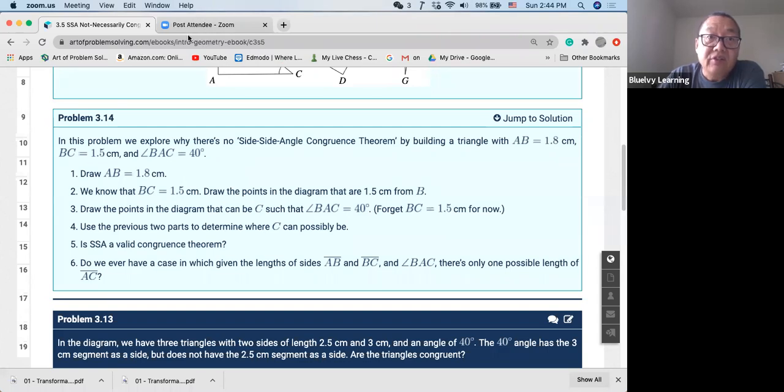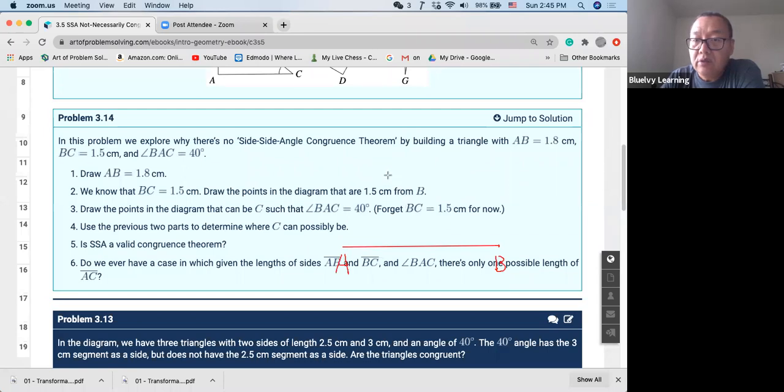Okay, so now let me explain why this is the case. Remember, if I give you AB equals 1.8, then you use B as the center and draw a circle.